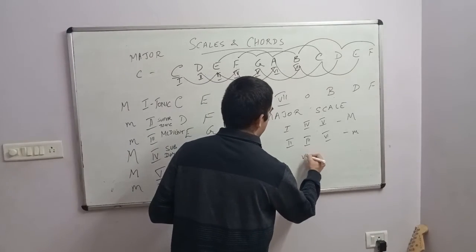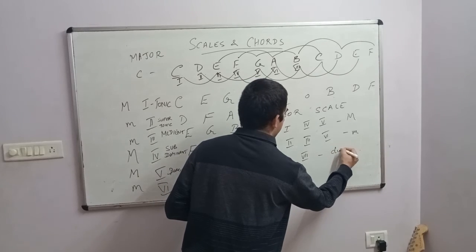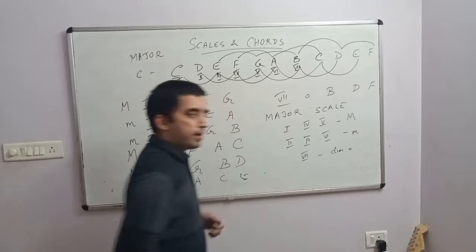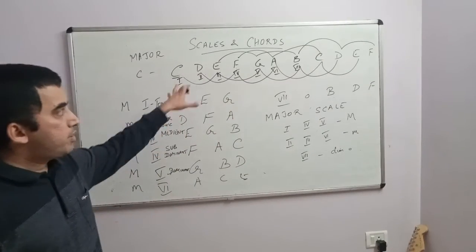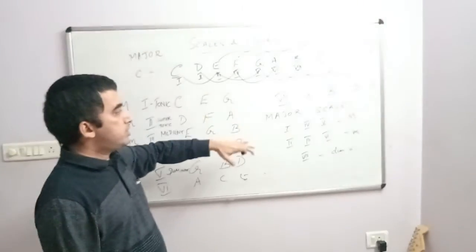And the seventh chord is the diminished or zero or whatever. Okay, you got the idea now how to construct the chords for the particular scale, correct? So this is how you get it.